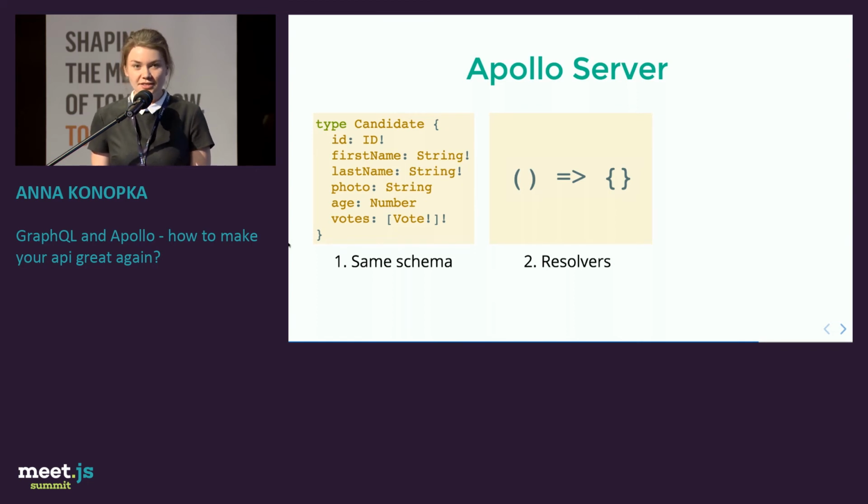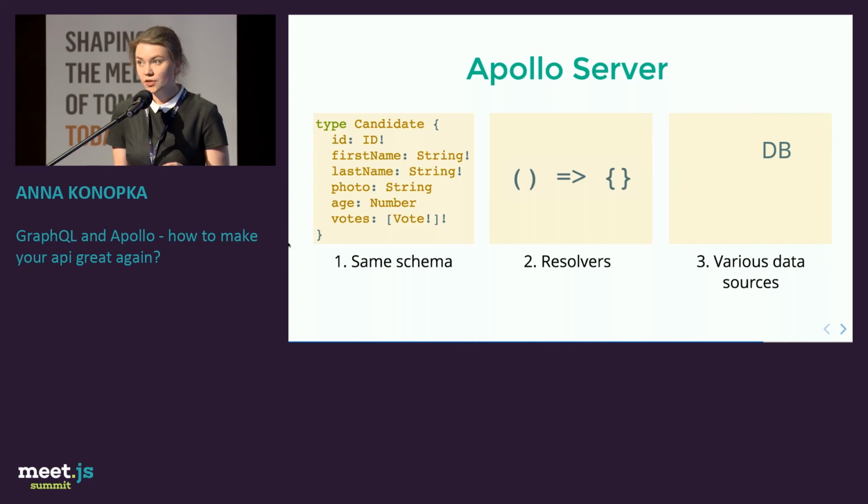What are they actually? Resolvers give us the possibility to teach the GraphQL server how to get data for each of the queries and then for each of the types that appear in them in a tree-like fashion. So for example, we have to know what type of candidate we should return when we ask for the current winner, and then when we ask for some fields on this candidate, we have to know how to get them from this object.